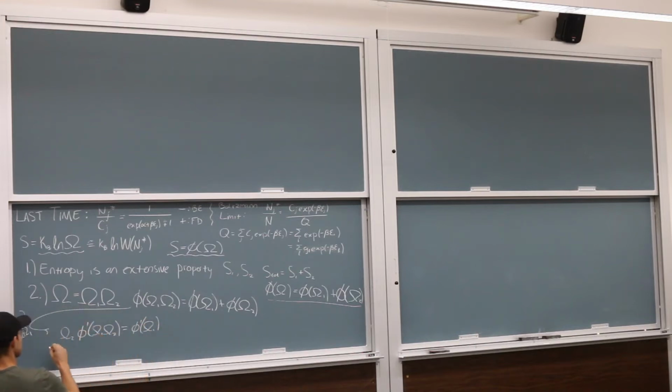And then we'll do another derivative with respect to omega 2. Okay, and then this term on the right is going to go away, but we have a product rule thing going on here.